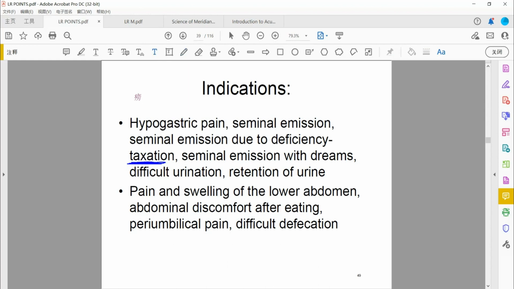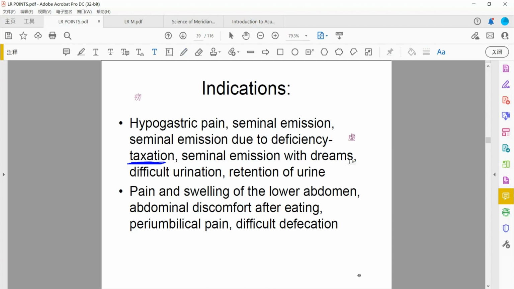That's a kind of extreme deficiency, right? Deficiency, that's it. And this one is low. Its extreme deficiency will be taxation.